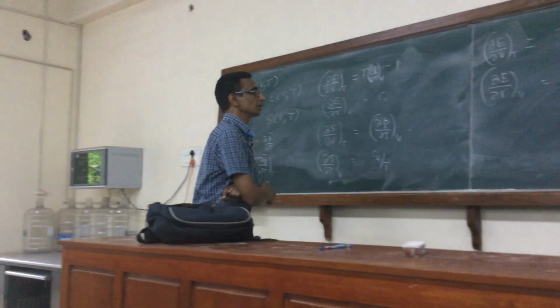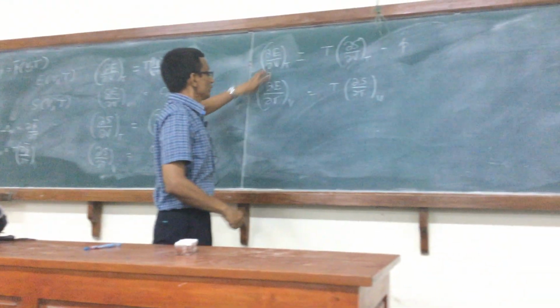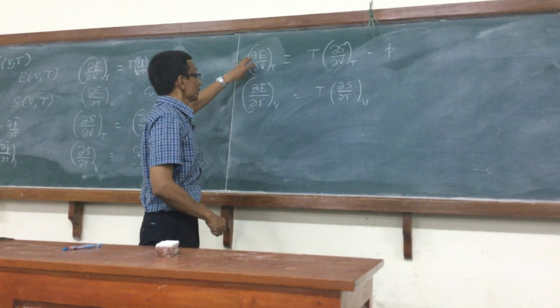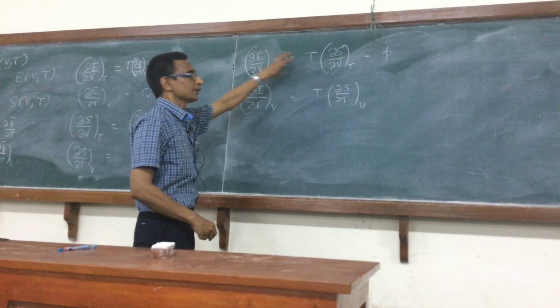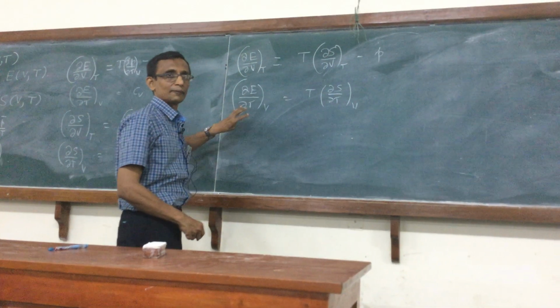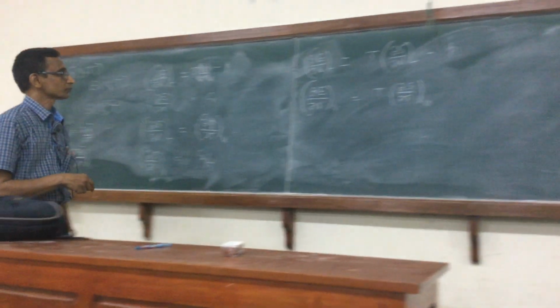We'll see shortly. So now I have E and S as functions of V and T. We also see the relationship between the derivatives written here.